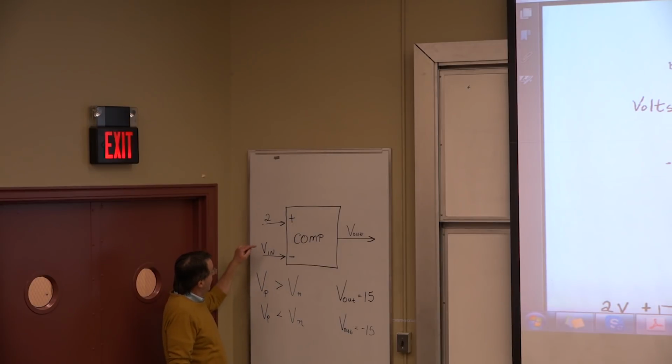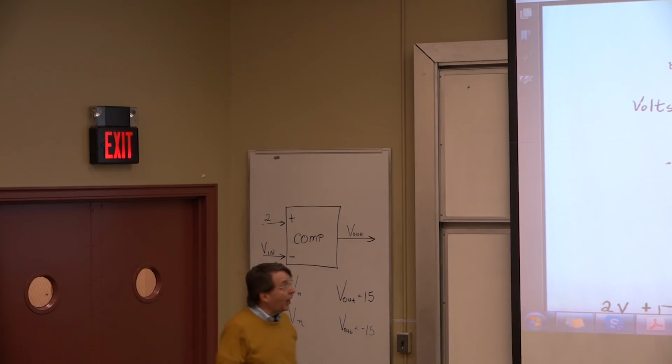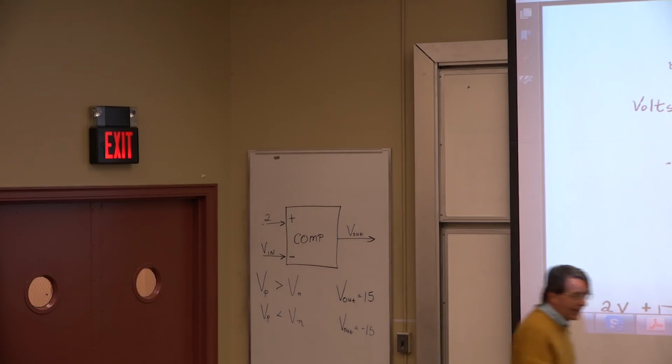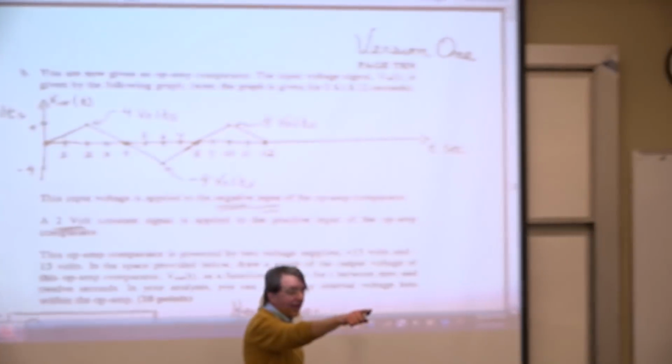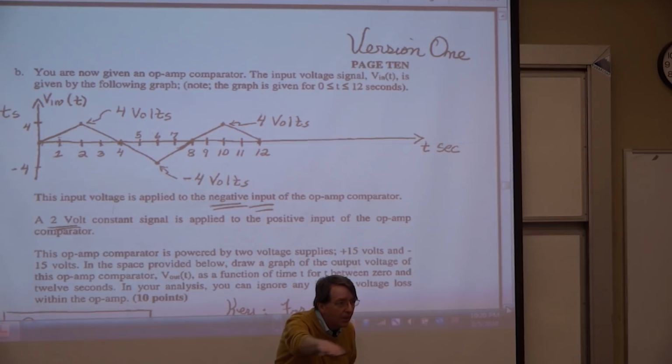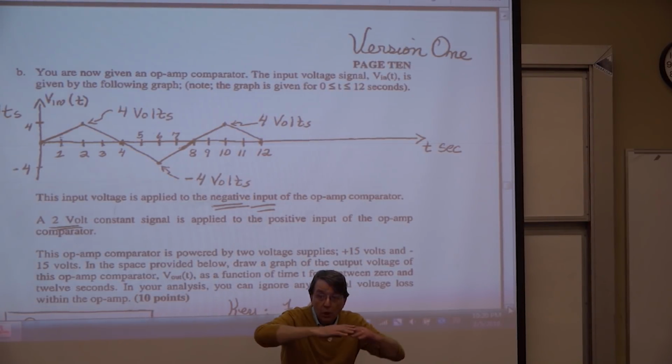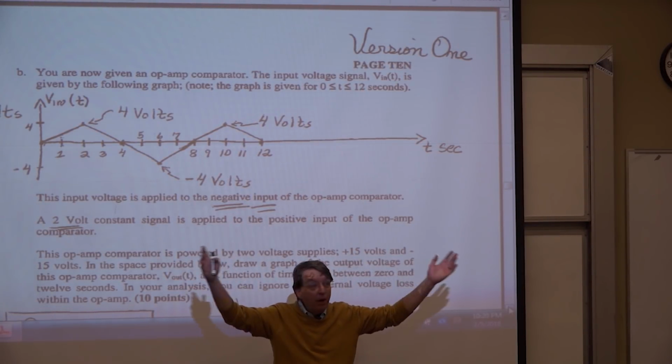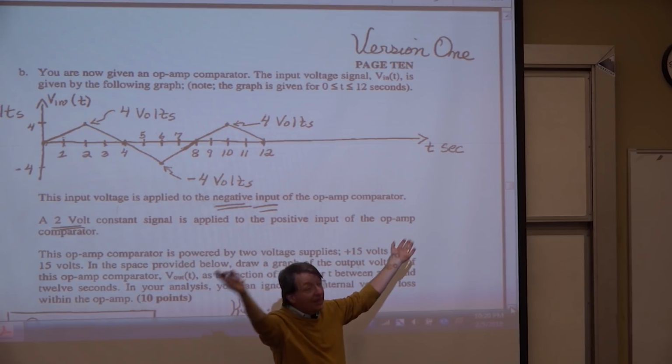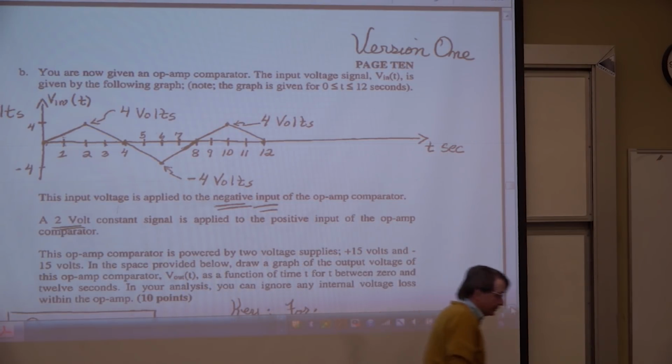What happens if V in is greater than 2? Then we get negative 15. I know this looks crazy, but it's not. All you got to do is find out when the input is below 2 and when it's above 2. That's it.